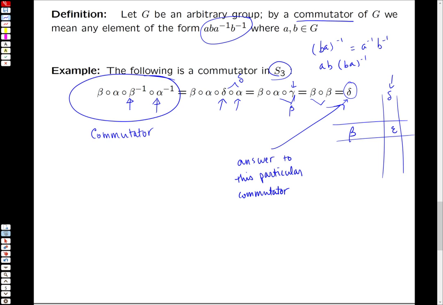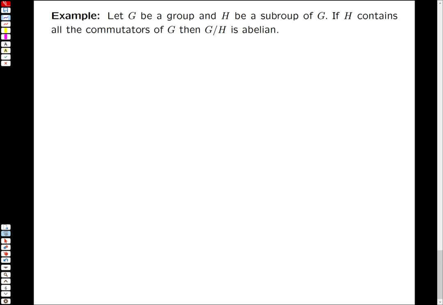Okay, you have to understand commutators for us to be able to do our example right here. Let G be a group and H be a subgroup of G. If H contains all the commutators of G, then G mod H is abelian. That's what we're trying to prove. What's the hypothesis for this statement?